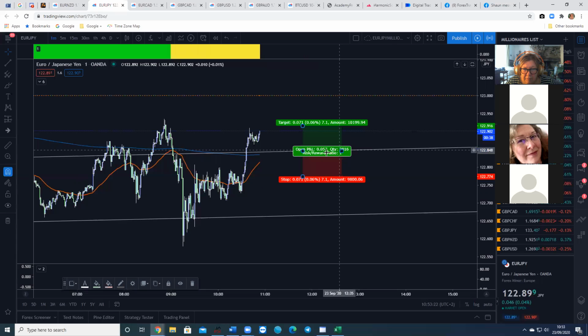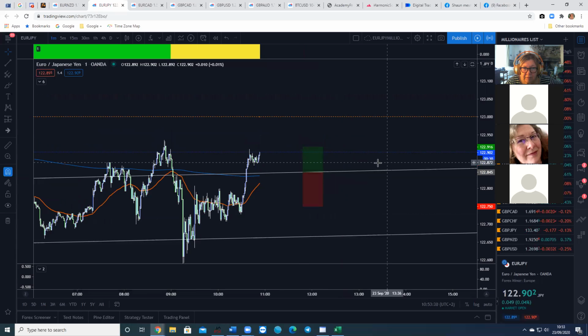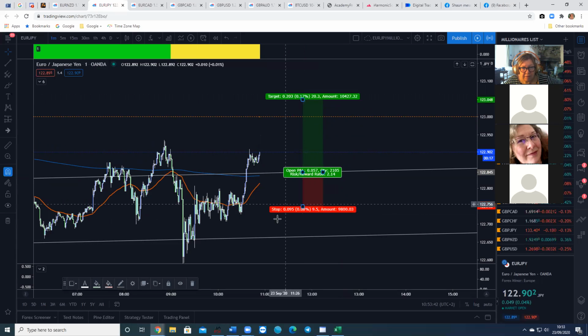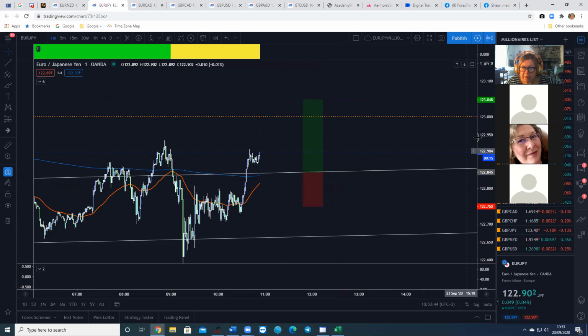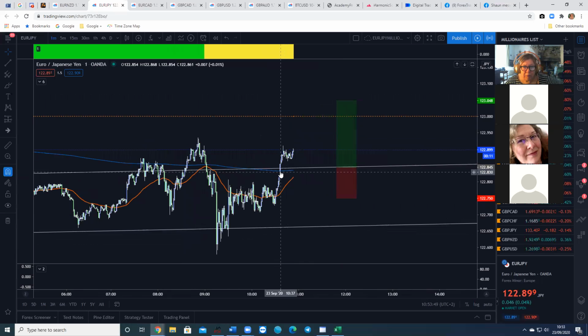Yeah, the next point of interest is the quarter theory at 124. Okay, so it might only give us 15 pips then, but that's what I'd be looking for. So number 1, pitchfork touch, mandatory, correct.